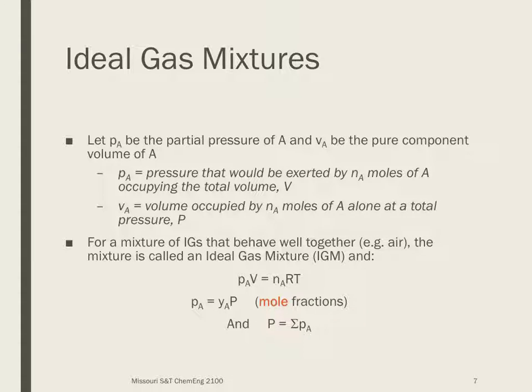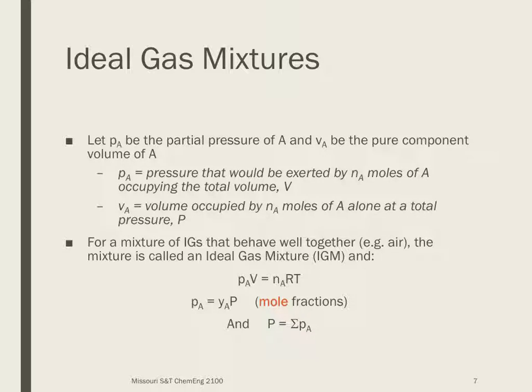So what about gas mixtures? Well, if my mixture contains multiple gases, such as air contains oxygen and nitrogen, as well as others, it's very common that we talk about things in terms of the partial pressure. We usually use a lowercase p with a subscript to be the partial pressure of the substance in the subscript.